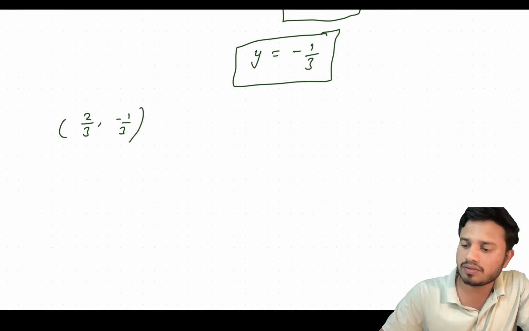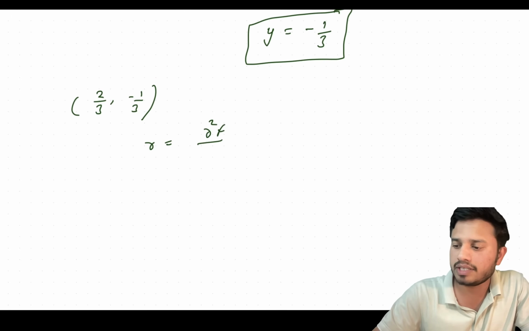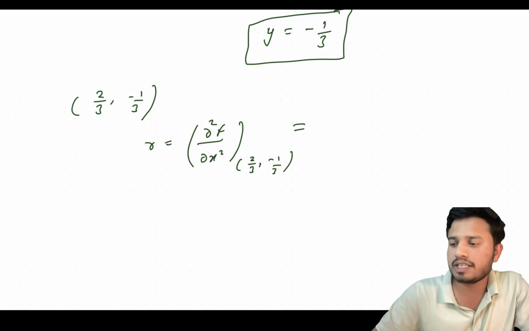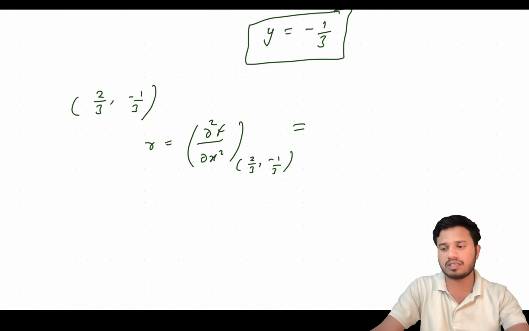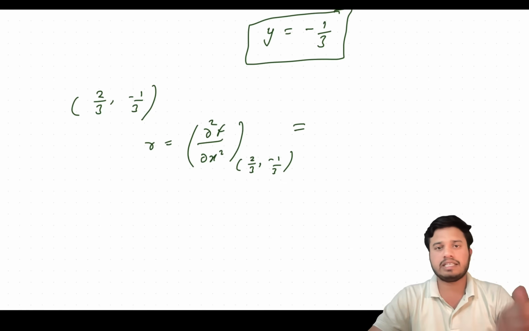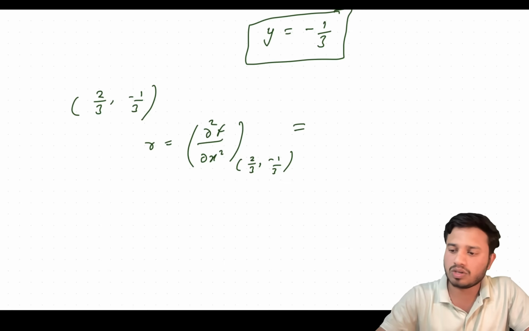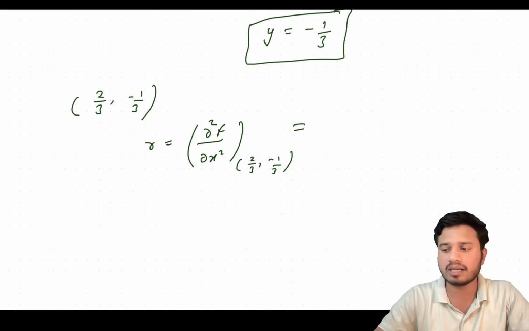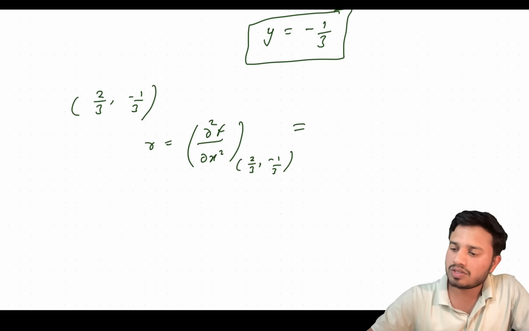Now we have to find r. What was r? It was the second partial derivative with respect to x. We are sure that at this point, 2 by 3 and minus 1 by 3, you will surely have the gradient 0. That means either we are at a minima or a maxima; now I'm looking at whether this is a local minimum or local max. So what will be the second derivative?